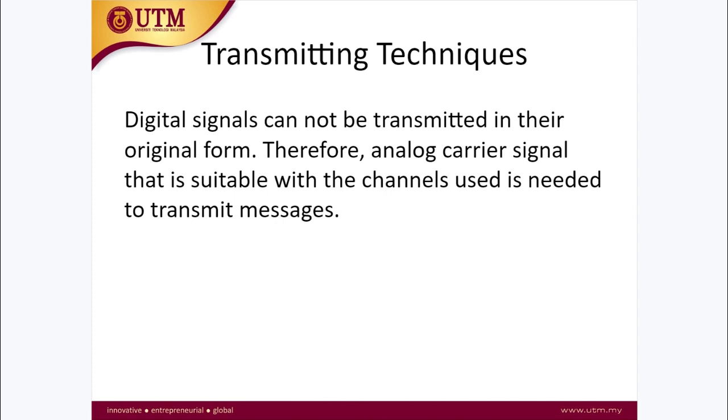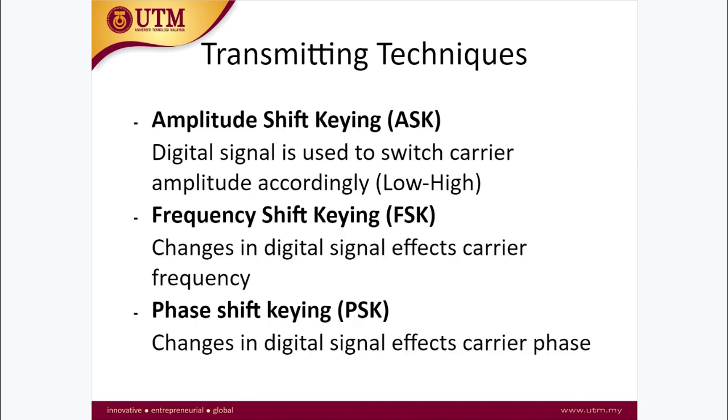Therefore, an analog carrier signal that is suitable for the channels used is needed to transmit messages. We have three types of transmitting techniques: amplitude shift keying, frequency shift keying, and phase shift keying. For amplitude shift keying, the digital signal is used to switch the carrier amplitude accordingly.